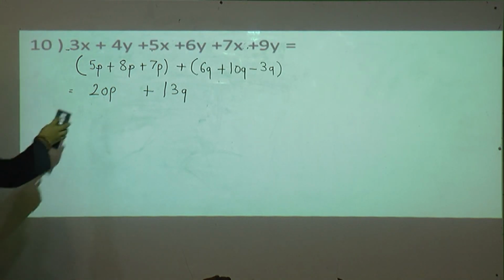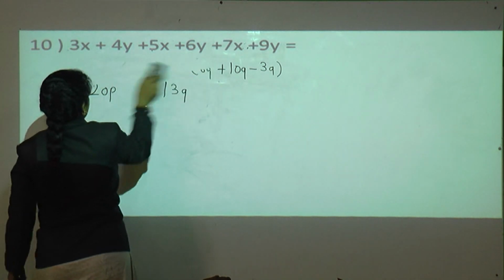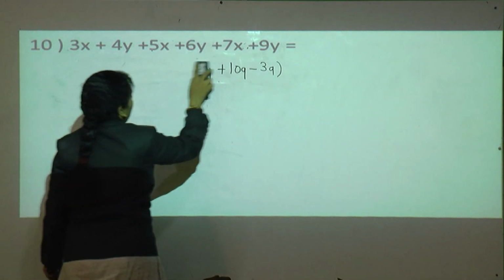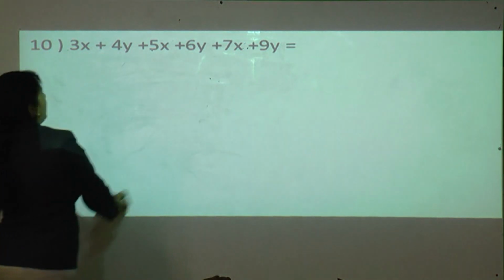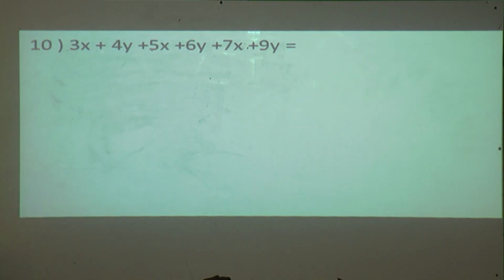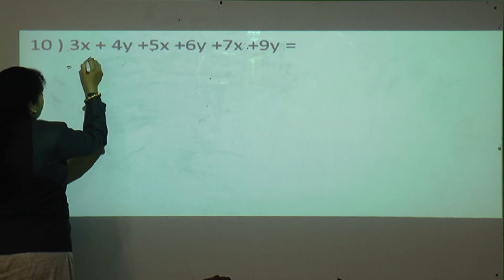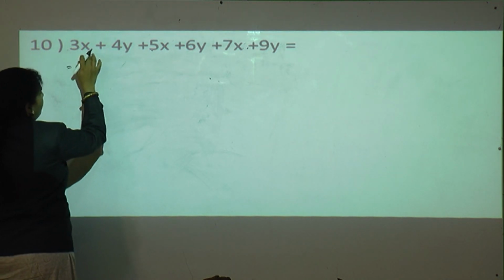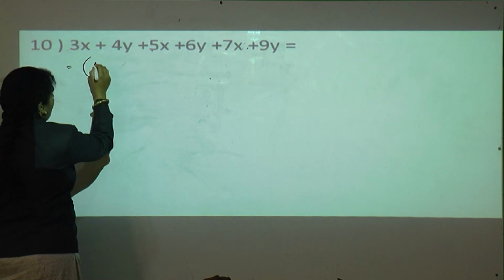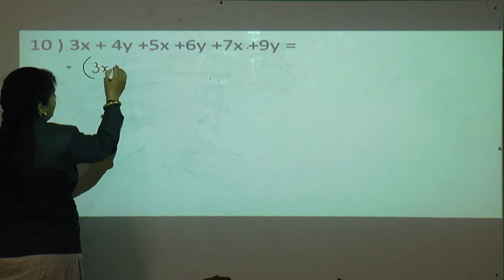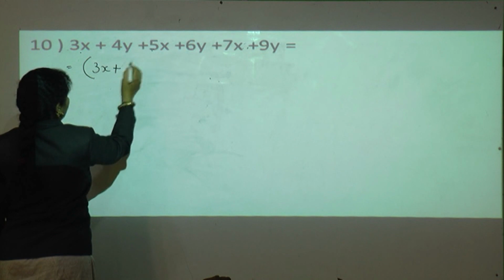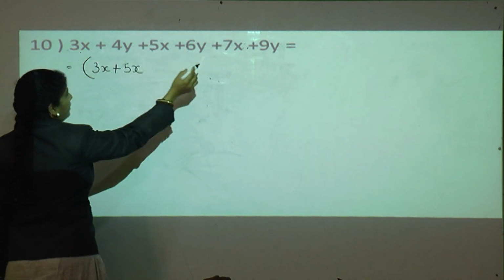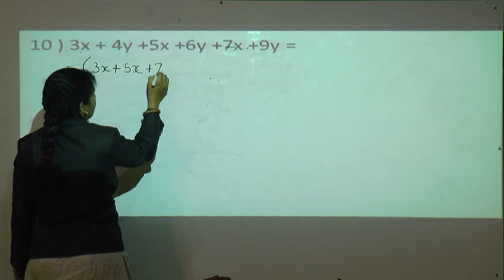Next one, 3x plus 4y plus 5x plus 6y plus 7x plus 9y. Same rule we have to follow. Make a group of like terms, 3x plus 5x and 7x.